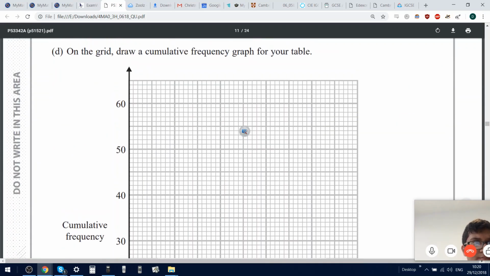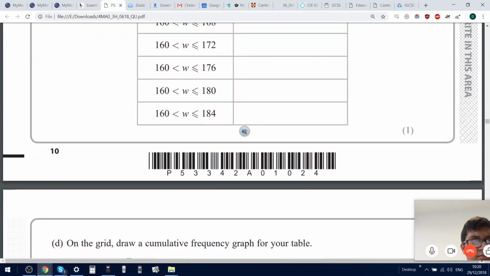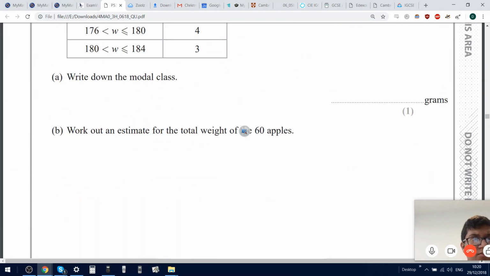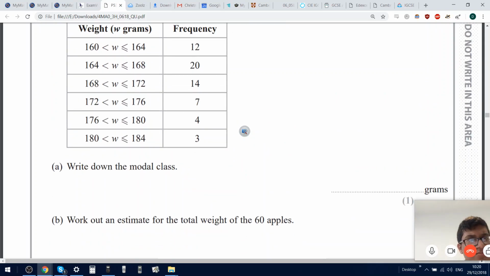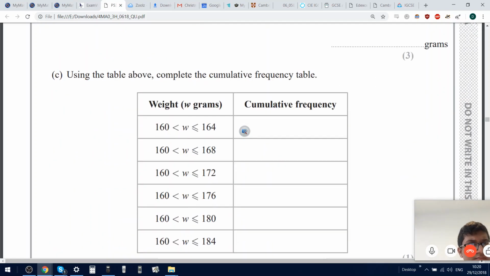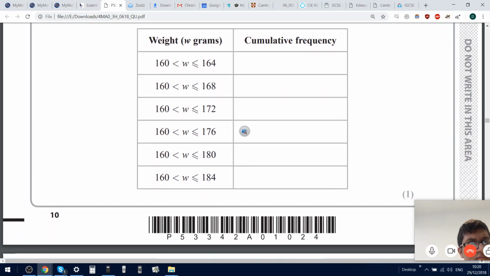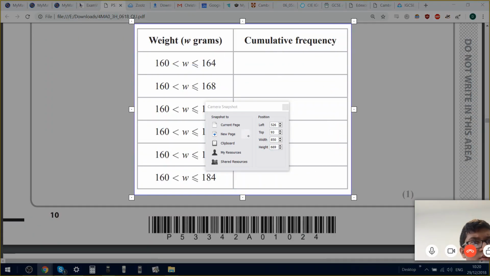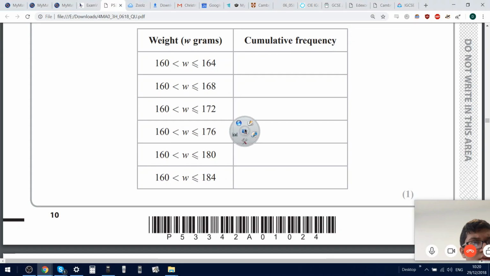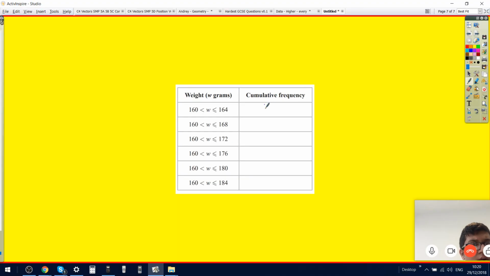And then when you plot the cumulative frequency graph, so let's say this one, it's 12 and 32. So the first two are 12 and 32, so it'll be the first 2 points on the cumulative frequency graph.